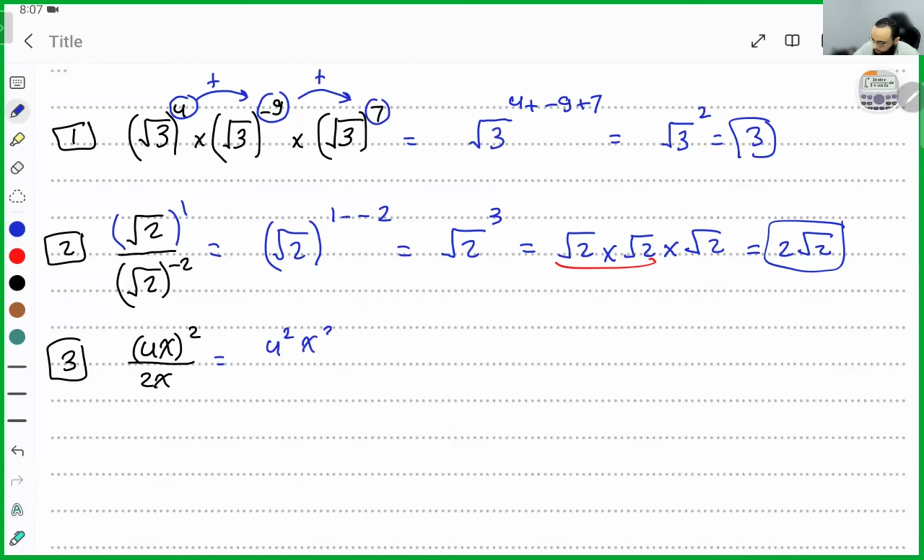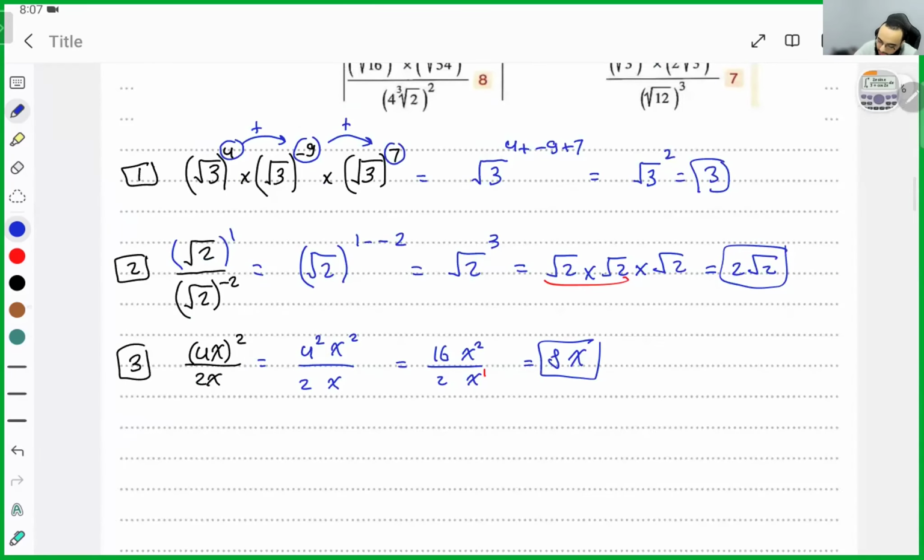Then it's like that, correct? 4 power of 2 equals 16, and this is 2. Right now, 16 over 2 equals 8. And here we can subtract the powers, and it's x power of 1, which is x.